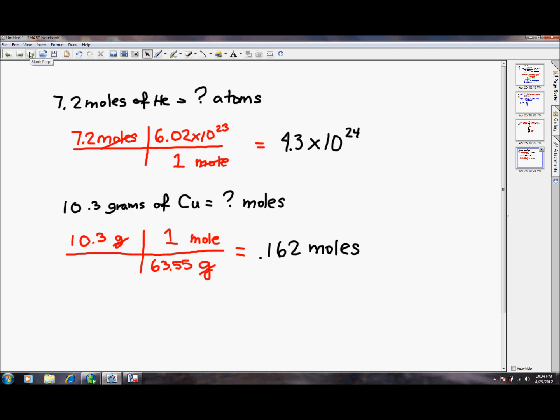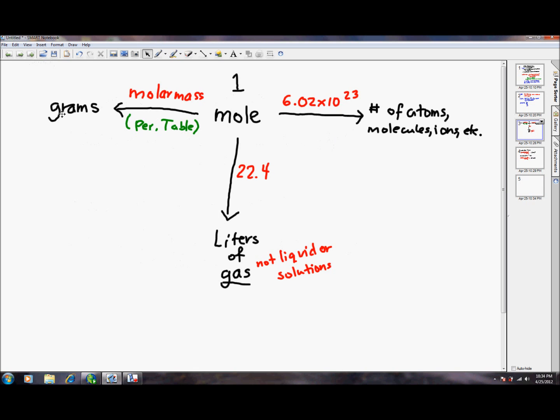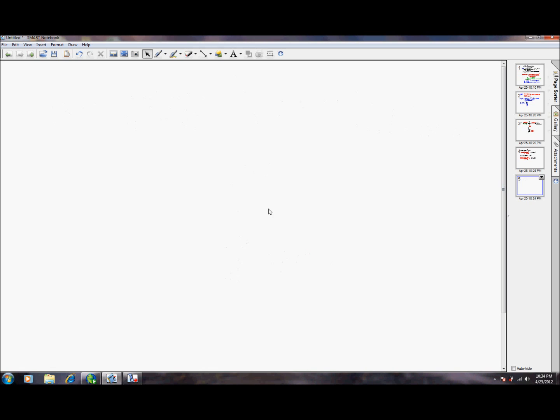It gets a little more challenging. What if I want to convert from grams to liters? This is actually 2 steps because I have to go grams to moles and then moles to liters. So we're going to set this up. Remember, 2-step problems mean you're going to have 3 boxes, 1 for your starting value and then 1 for each of the different conversion factors you'll need.